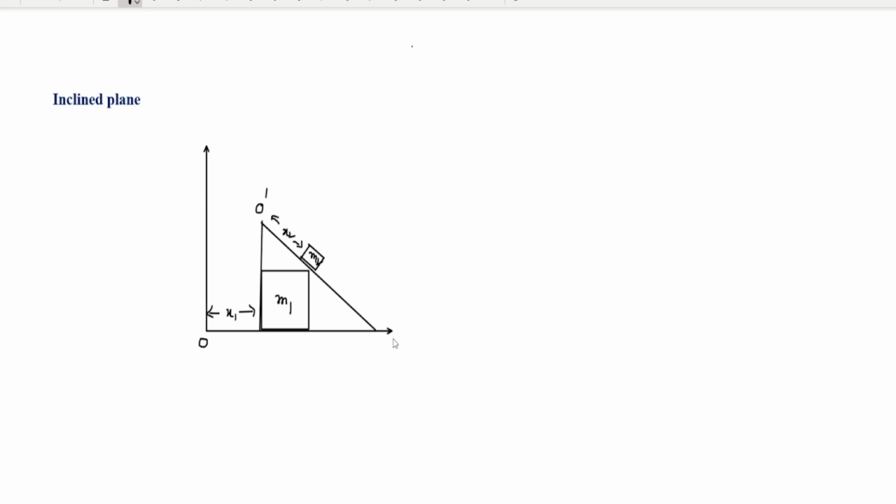Velocity of M1 with respect to origin O is x dot 1.